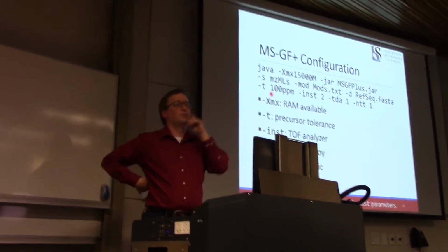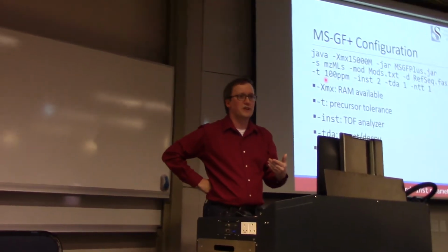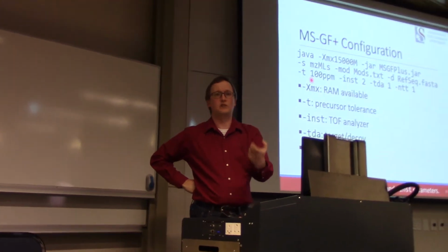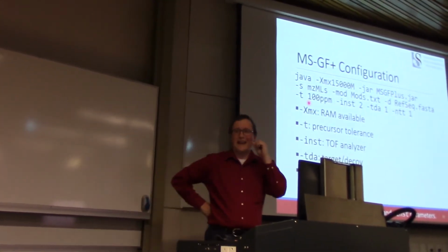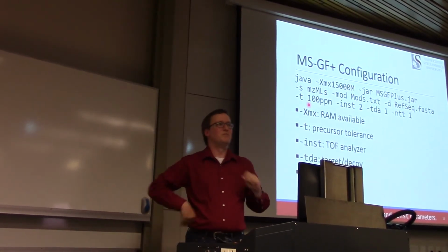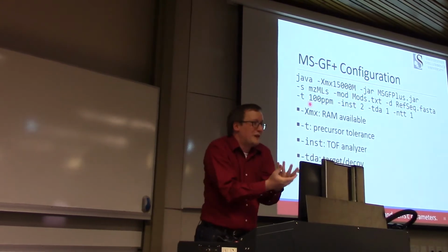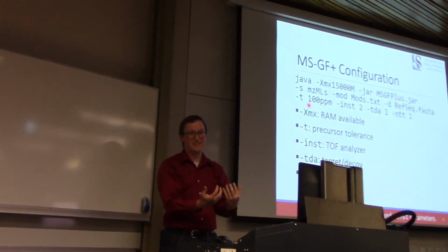All right. So we have a problem here because when people sell you an instrument, they tell you the mass accuracy is good within a small number, right? But as a bioinformatician, I'm trying to get not just the good performing peptides, but all the peptides I can identify from that mixture.